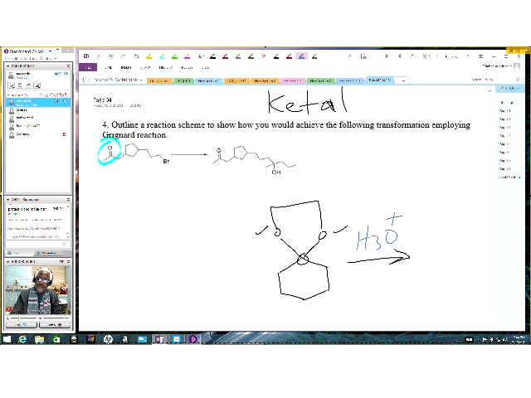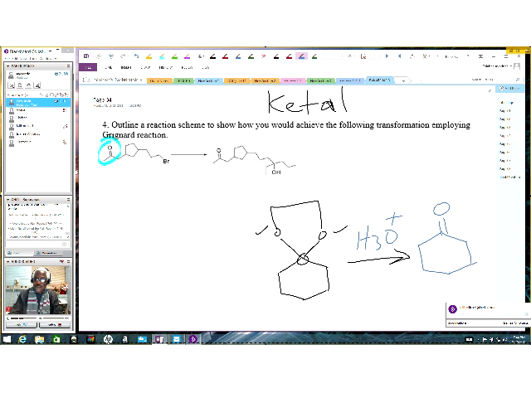Ketals are very unstable under dilute acid conditions, so the ketal will simply open up to give you back your ketone or aldehyde. That is the beauty of using a ketal to protect the carbonyl, because you could perform all of your other reactions under non-acidic conditions, and then once you add the acid, you regenerate your ketone.